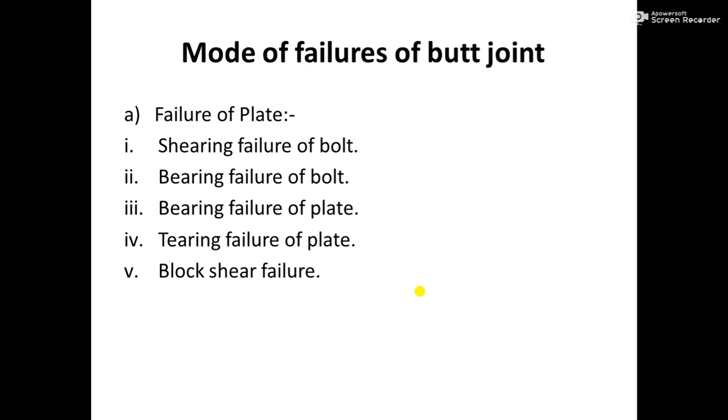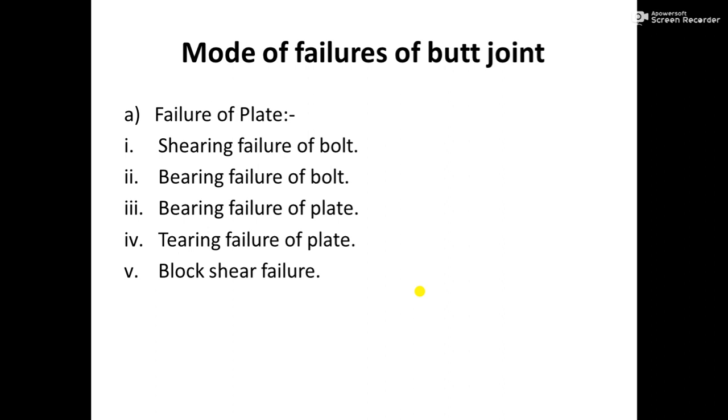Suppose in a roof structure, these plates are provided to carry the loads. When the load increases beyond the capacity of the joint, there must be a failure, and these failures are known as modes of failure.